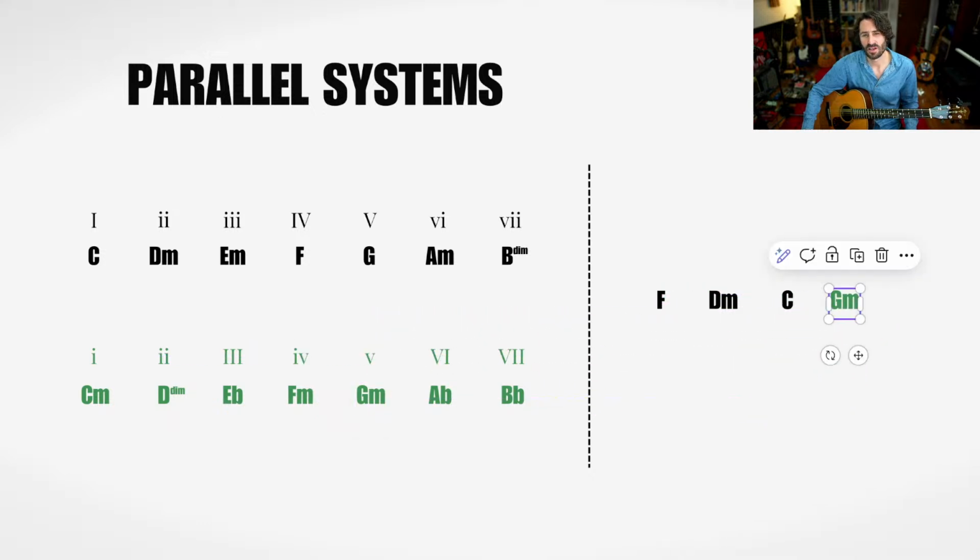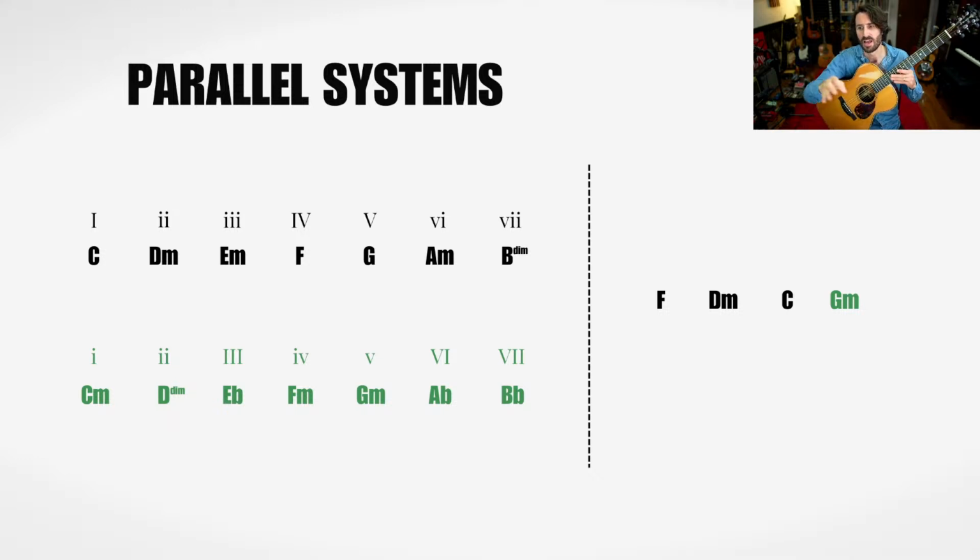Again, I love this idea of putting an unexpected chord in the fourth position. As songwriters, I think this is such a great sound to build up an expectation and then break it with that fourth chord. So we've got F, D minor, C, G minor.